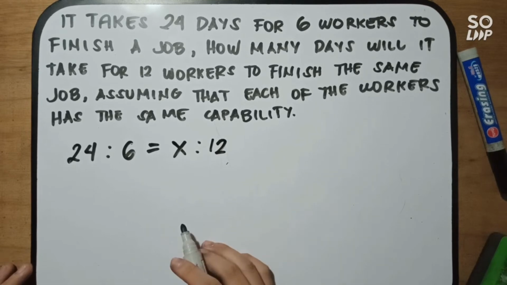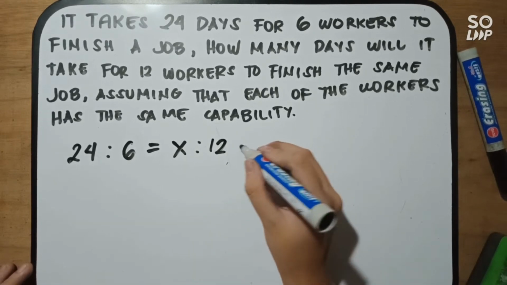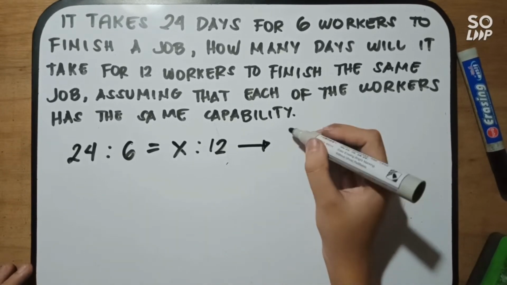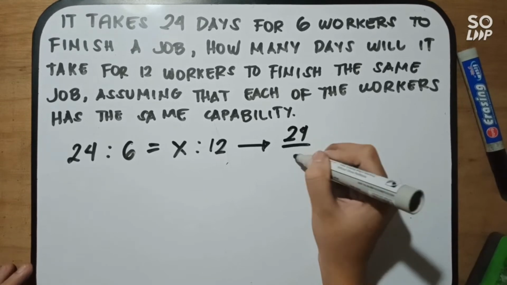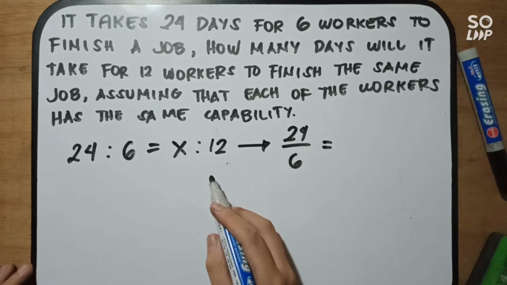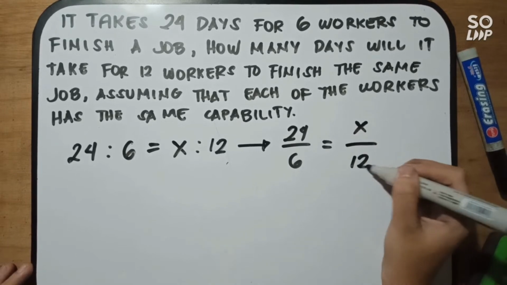Then we express this proportion statement into fraction form. 24 is to 6 is expressed as 24 over 6 equals x is to 12, expressed as x over 12.